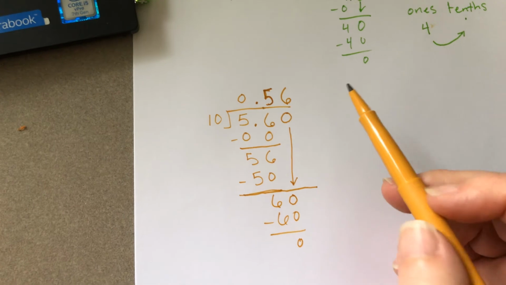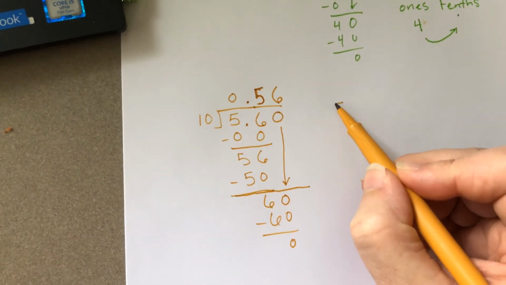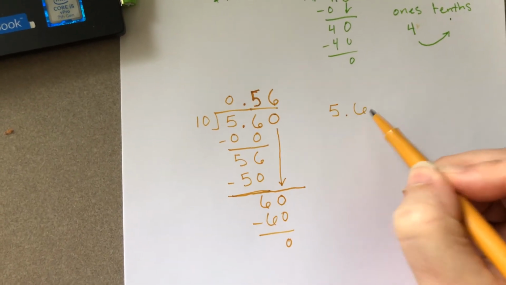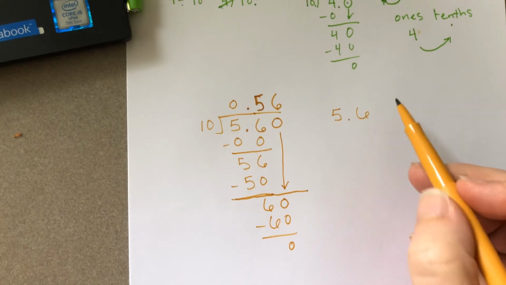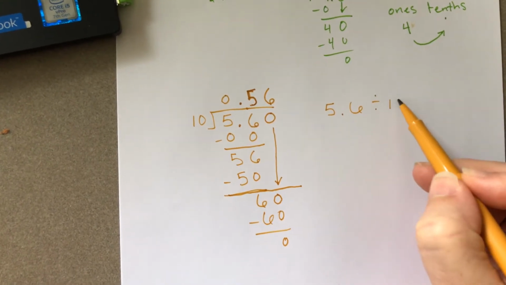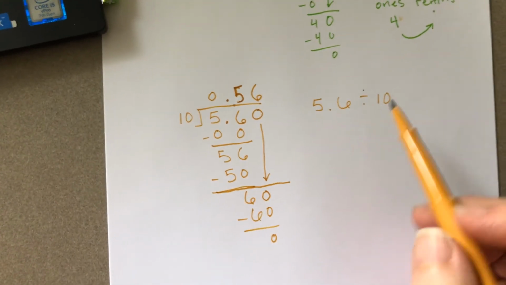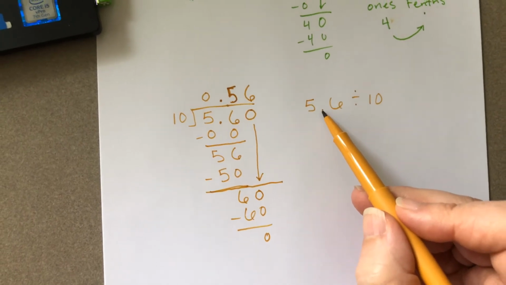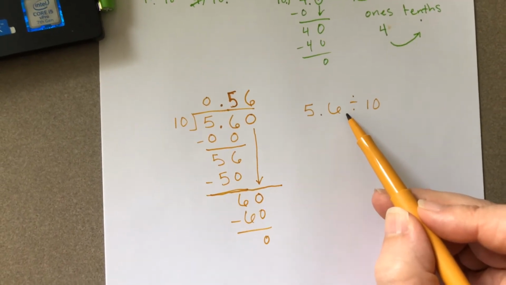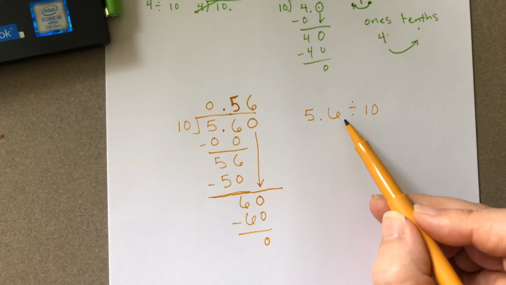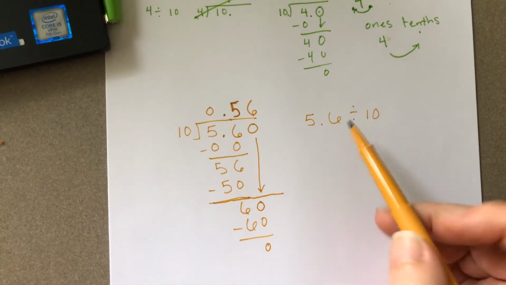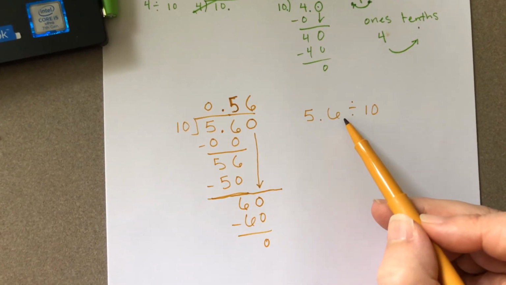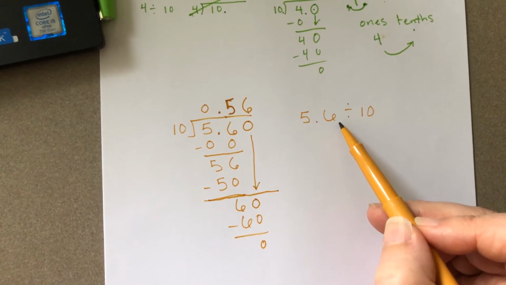You notice also, if you have 5.6 divided by 10, all that means is it's going to get smaller by 1 place value. Now, if I moved it to the right, then I would have 56 whole.